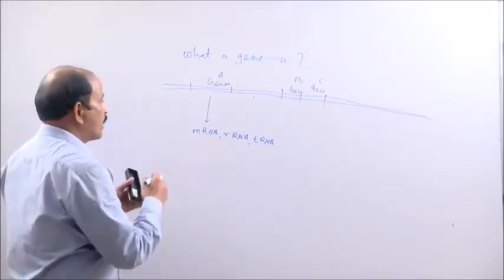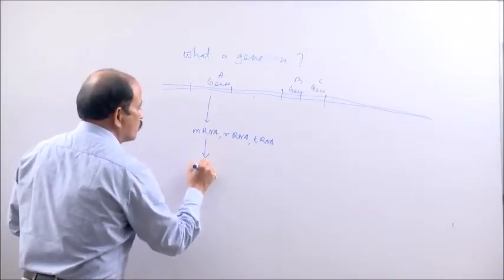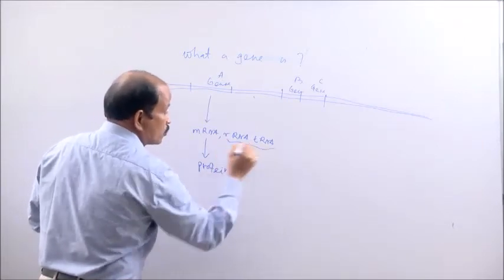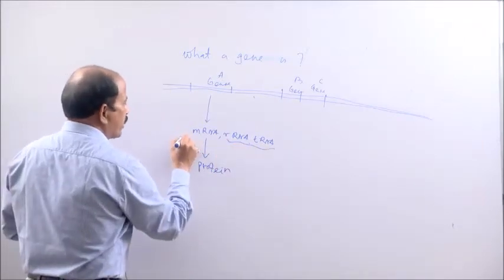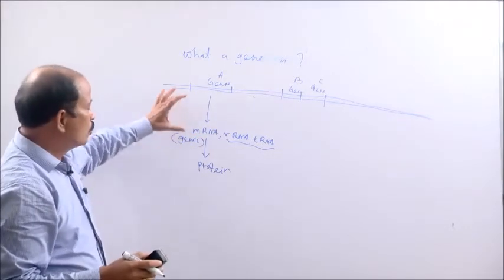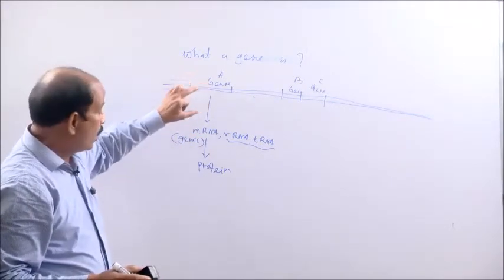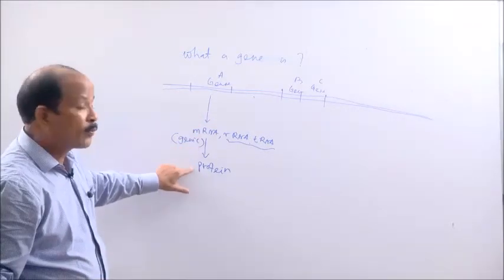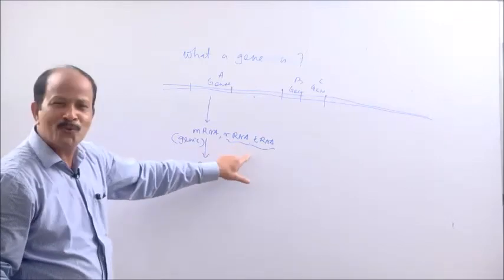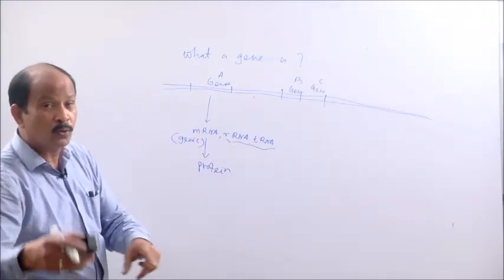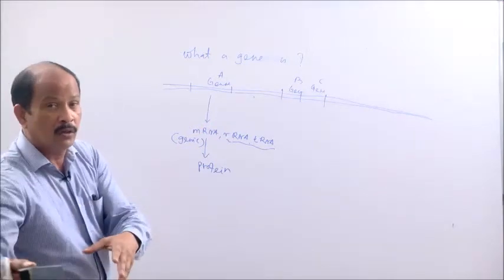That means mRNA leads to protein, but these two RNAs are non-genic. mRNA is genic RNA because it carries the information of a gene and ultimately it is translated into the protein to be synthesized, but these two help in the translation process, as we will see in the translation mechanism.